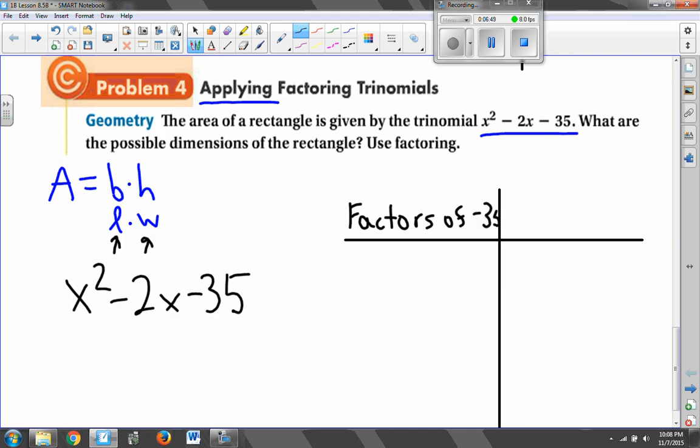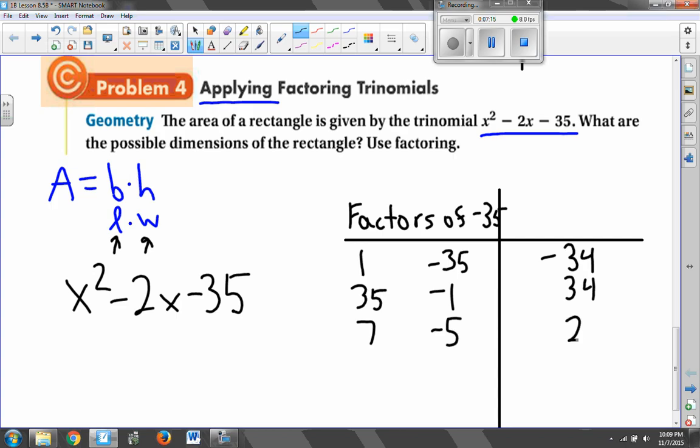Factors of negative 35. And the first ones I could do would be 1 and negative 35. Or I could do 35 and negative 1. I don't think either one of those is going to work. Negative 34 or positive 34, not what I want. I could do 7 and negative 5.